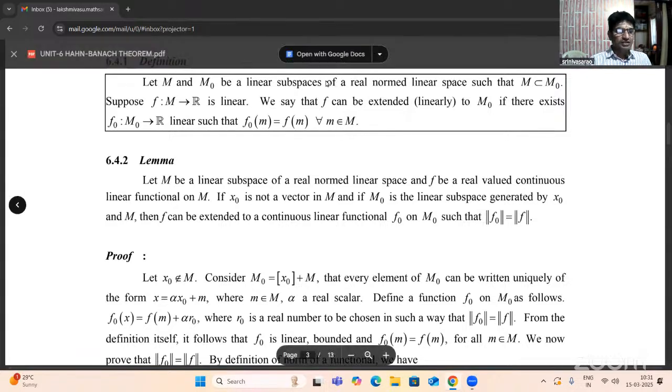Let M and M0 be linear subspaces of a real normed linear space.